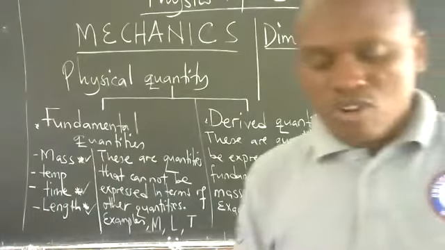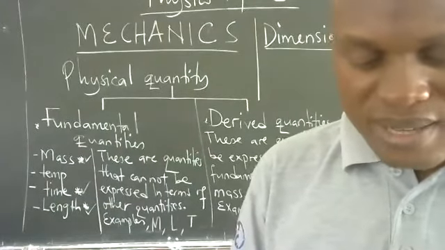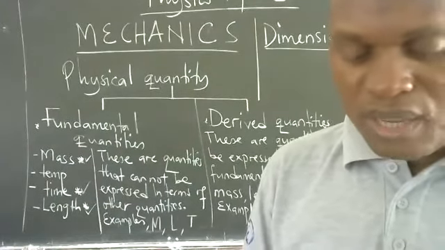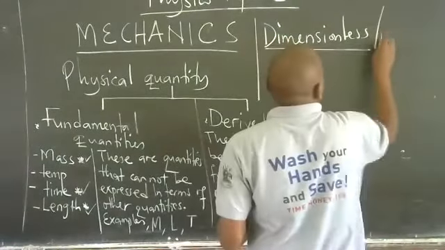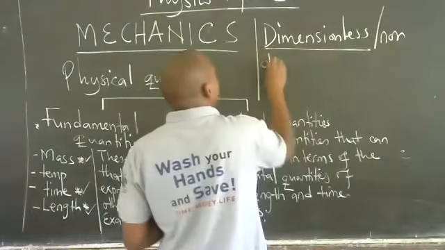Physical quantities that are not related to mass, length, and time are called dimensionless quantities. Some books call them non-dimensional.